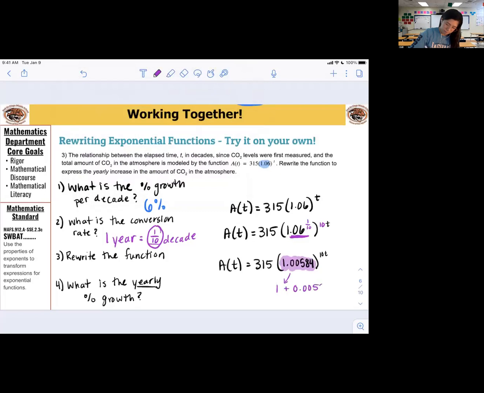And remember, we're just moving that decimal 2 places to the right. So what is my percentage? 0.584. Good. That's it. So 6% every decade, but 0.584% every year.